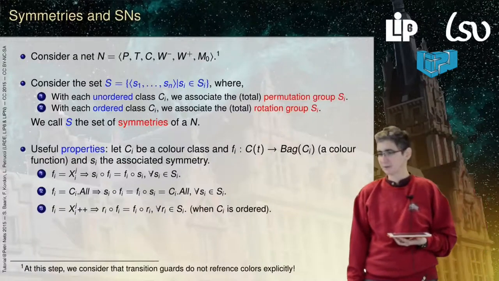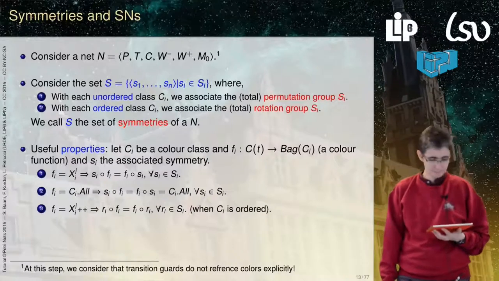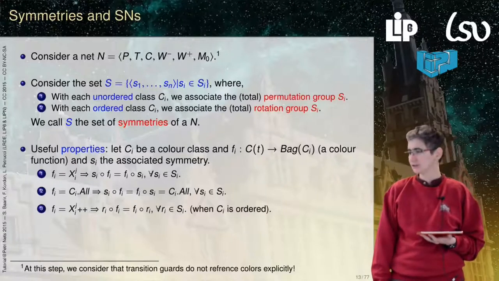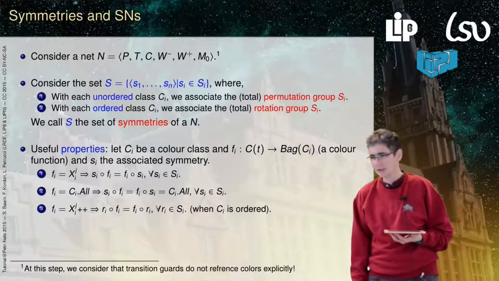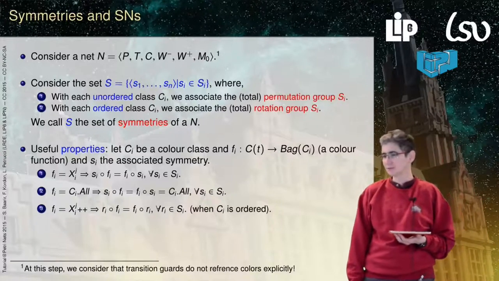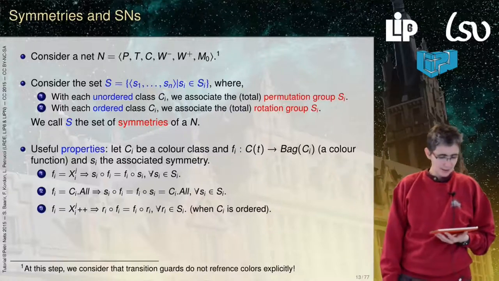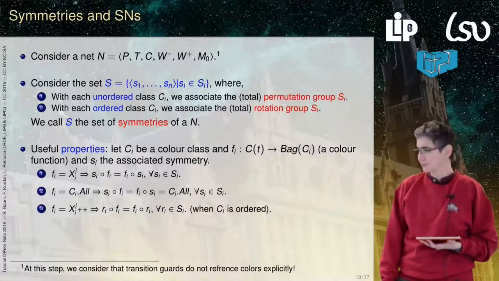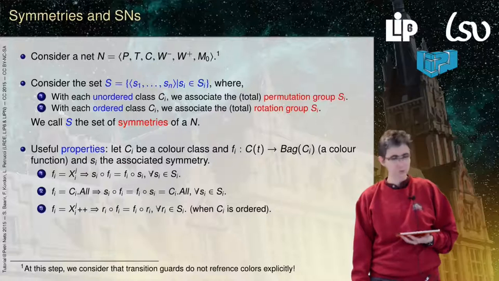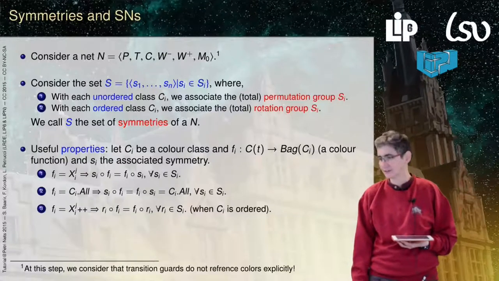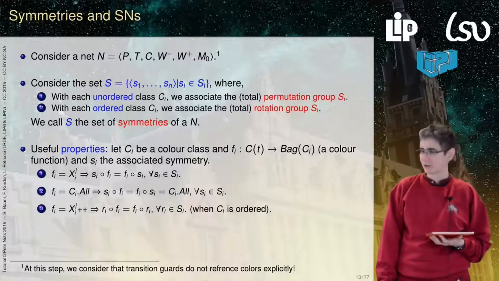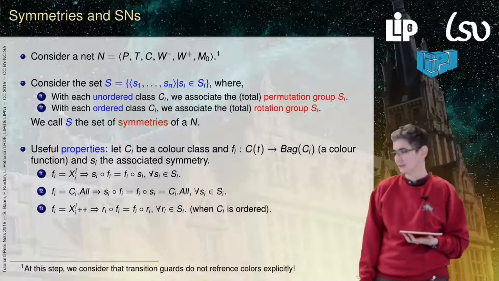So let's consider a symmetric net, N, with a set of places, transitions, color sets, pre and post conditions, and an initial marking M0. And we consider a set, capital S, of symmetries, S1 to Sn, where we associate with each unordered class Ci the total permutation group Si, and for each ordered class Ci, we associate the total rotation group Si.